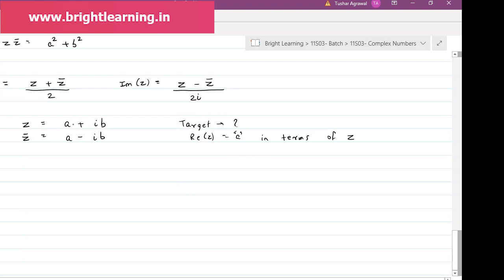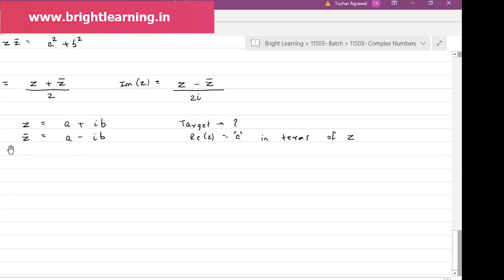It is visible clearly that the real part of Z is equal to A. Why are we not writing it simply as A? Sometimes in the question we may need to write the real part in terms of the original Z and Z bar only. So there, how we used to solve these two unknowns A and B: elimination method, substitution method, cross multiplication method, and so on.